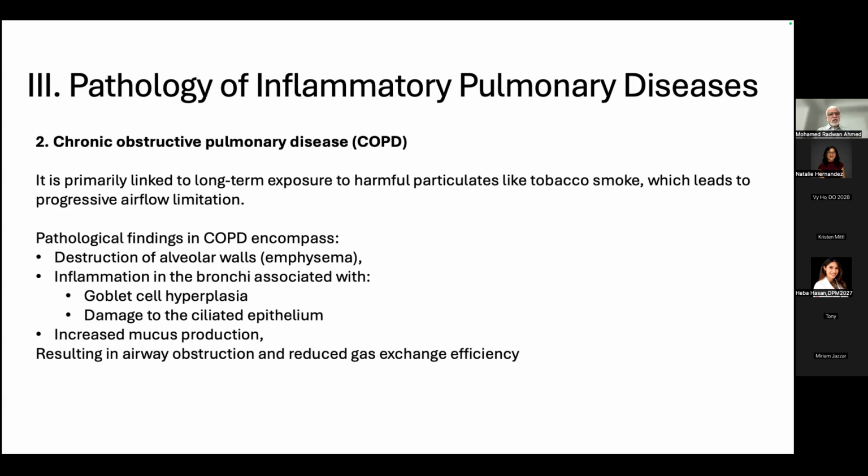So the smoke is going to damage, with the inflammation, the ciliated epithelium. And meantime, as we talked about in bronchial asthma, there is hypersecretion of the mucus. So here again, this results in obstruction of the airway and reduced exchange.